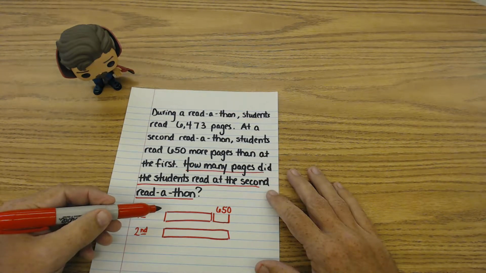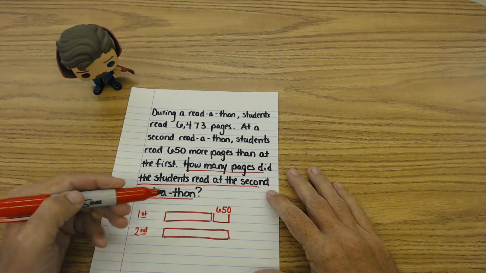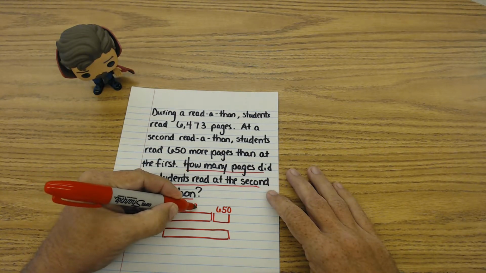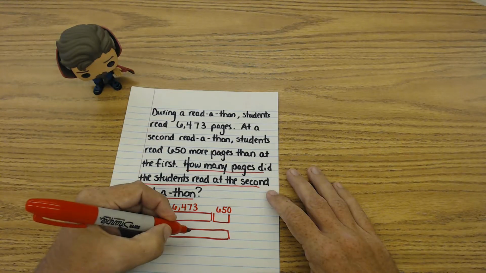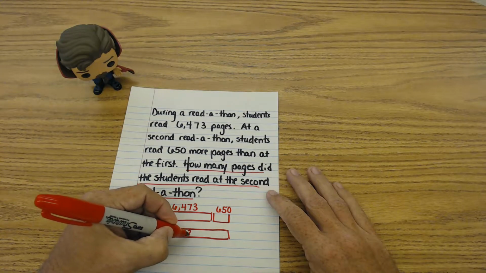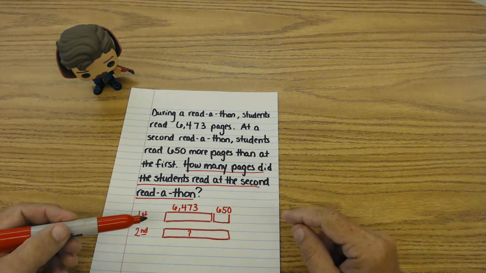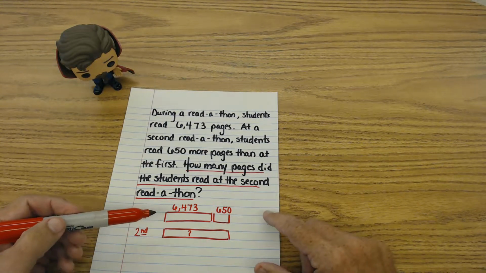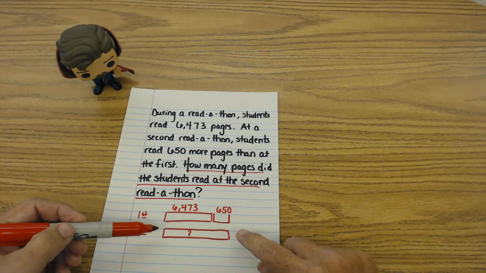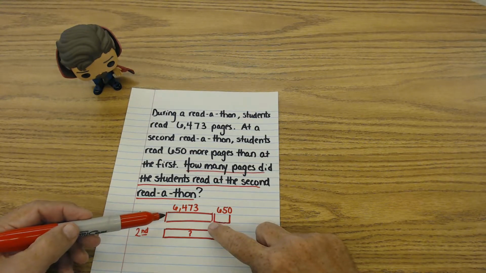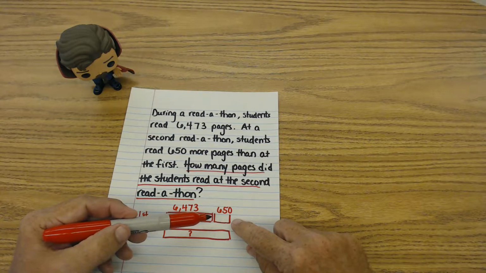And we also know that on the first readathon, students read 6,473 pages. What we don't know is how many pages they read at the second one. So visualizing the problem, to find out the number of pages for the second readathon, it's the first readathon and 650 pages.